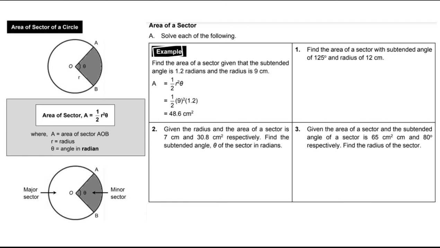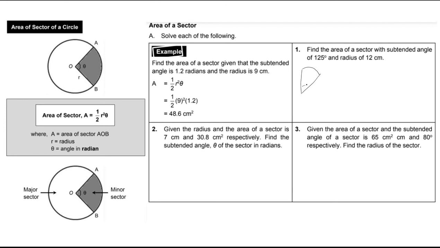Right, let's try some questions from part A. Find the area of a sector with a subtended angle of 125 degrees and radius of 12 cm. Let's try to sketch. This is a very random sketch, I did not follow the angle perfectly.